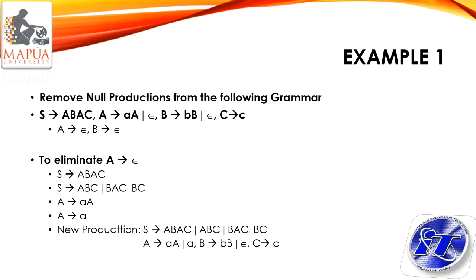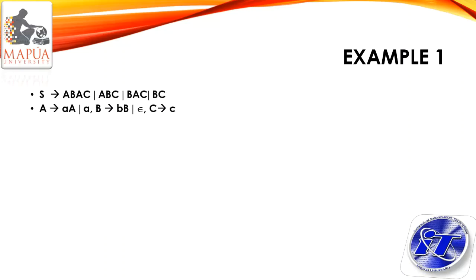Now let's proceed with B yields to null. Same as with the previous step, we're going to locate all rules that relate to B. On the start symbol, we have ABAC, ABC, BAC, and BC.